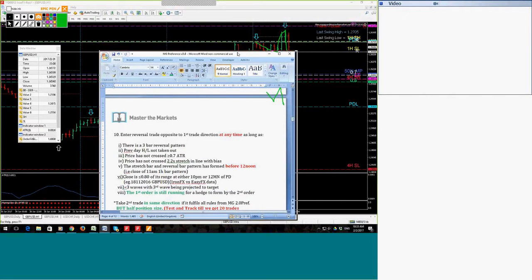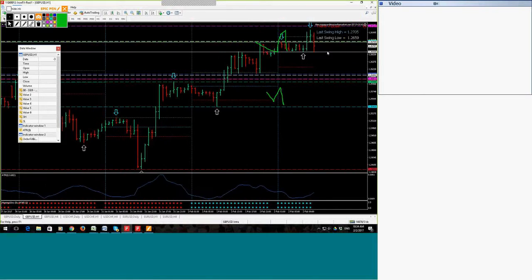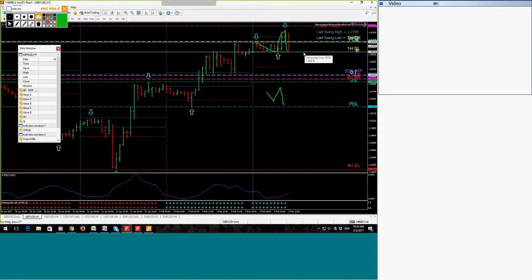So we won't be looking at anything more, and we'll still be taking it in terms of the same bias. That's what we'll be looking at in terms of this trade.